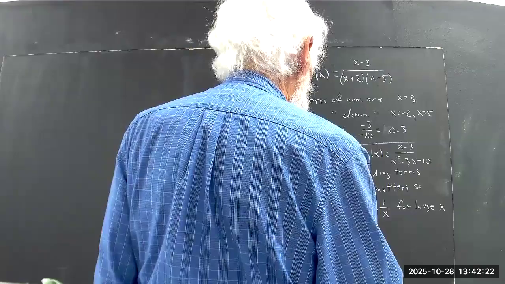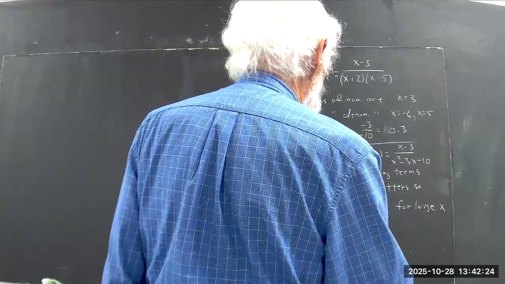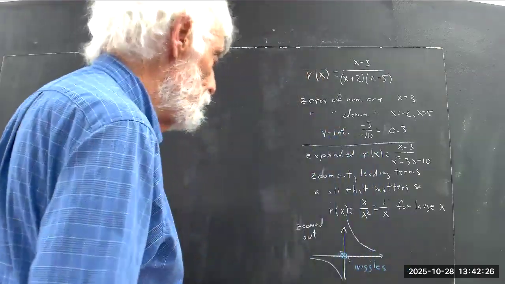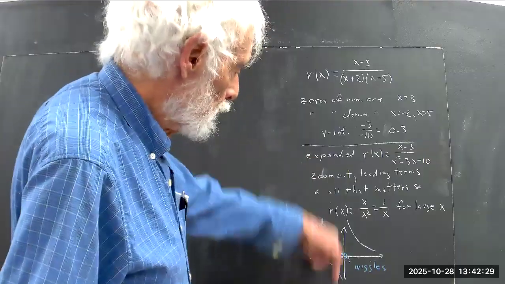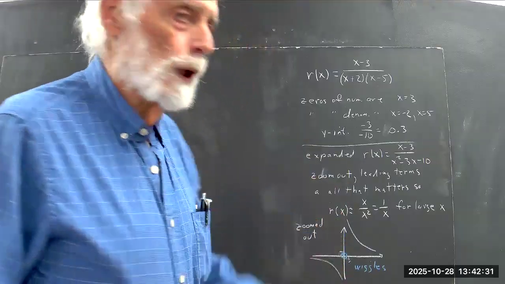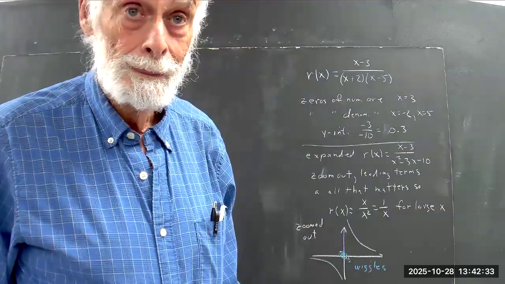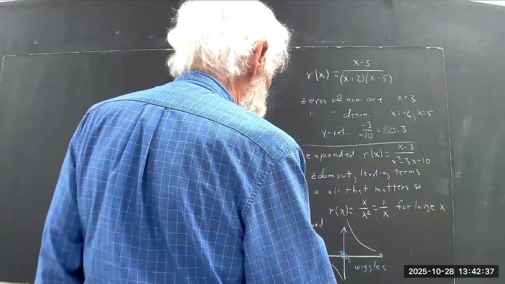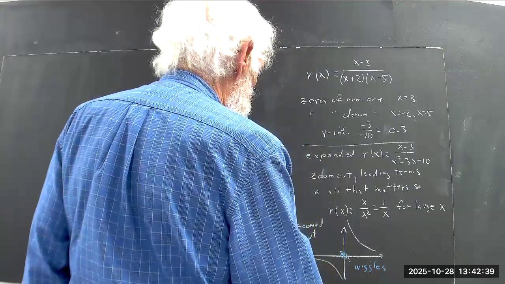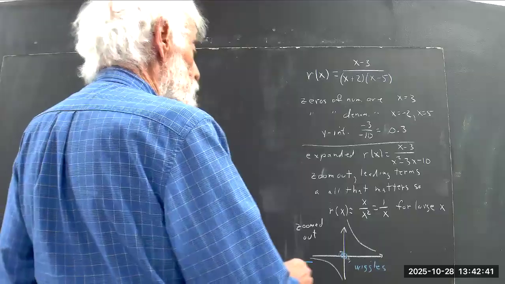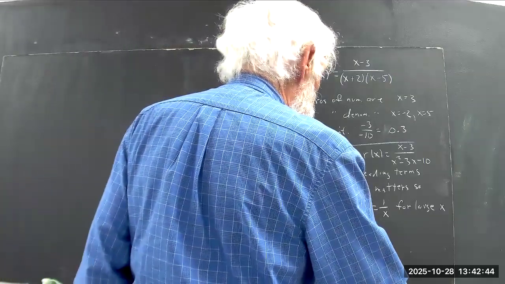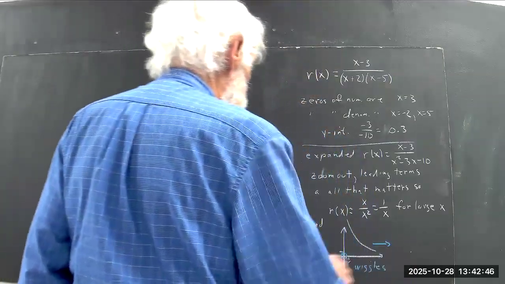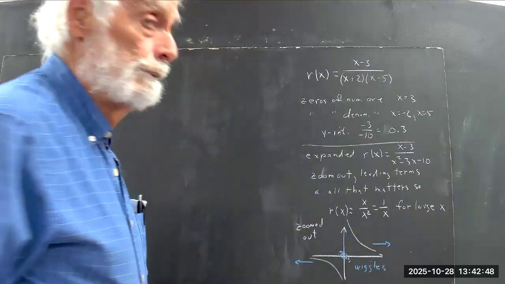I'm going to make the wiggles region just a little bit bigger to show you that it doesn't really approach the y-axis as an asymptote. What we're really interested in is the long run behavior, which is it approaches the x-axis from below on this side, and from above on this side. Okay.